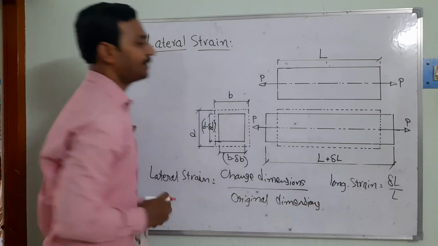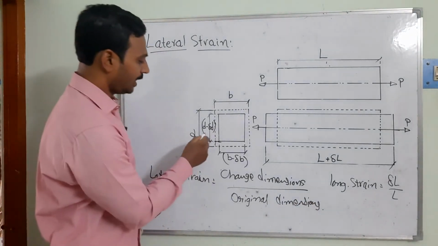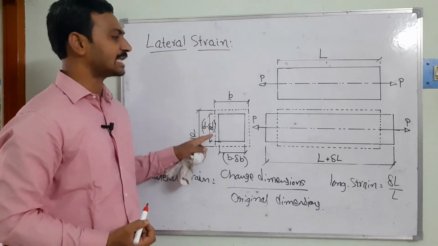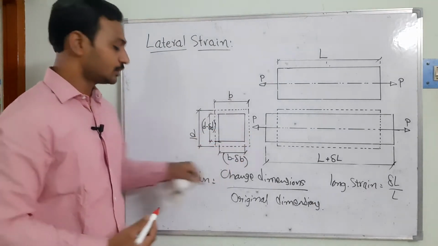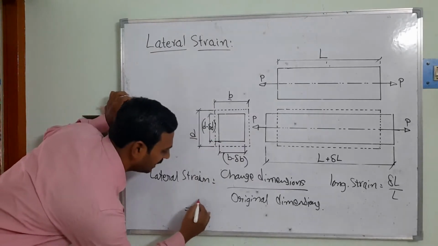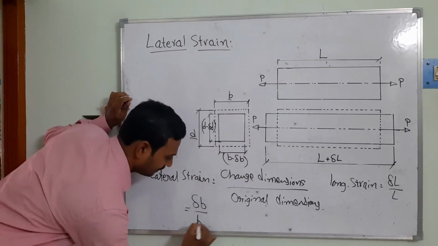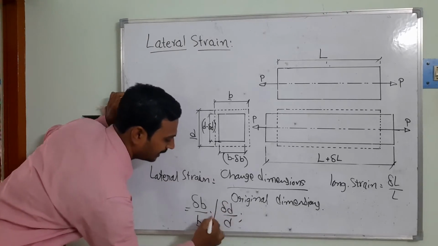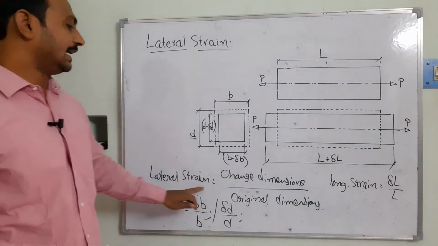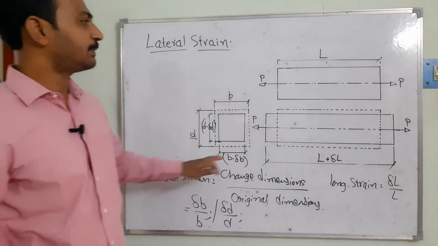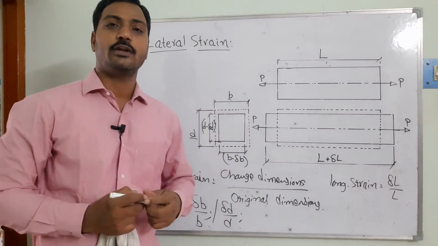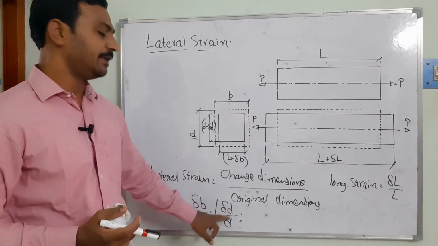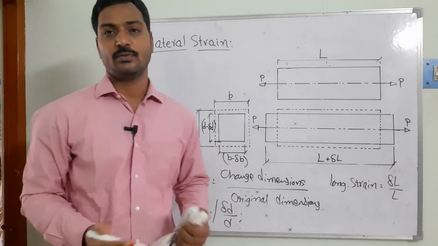So in this case, there are two types of lateral strains. One is in terms of the depth, the second is in terms of the breadth, because these two dimensions are perpendicular to the applied load. So what equations are we going to get? That's going to be del B by B or del D by D. So this is called the lateral strain. The lateral strain is always perpendicular to the applied load direction. So finally, the lateral strain is equal to del B by B or del D by D, depending on the direction we have to consider.